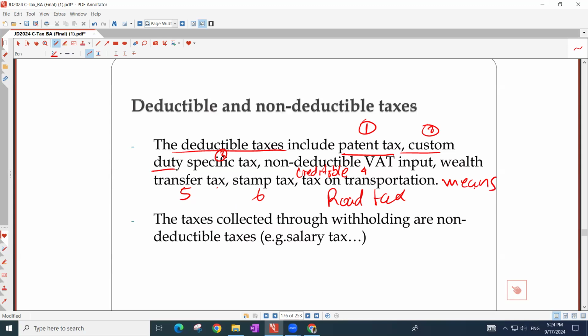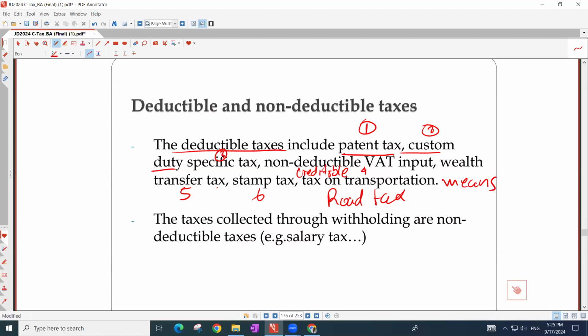That's from the Cambodian word, pun plau, which is translated into English as road tax. But the official name is tax on transportation means. Motorbikes, if the engine is not more than 125 cc, are exempt from this road tax. But if your engine is more than 125 cc, you need to pay road tax.